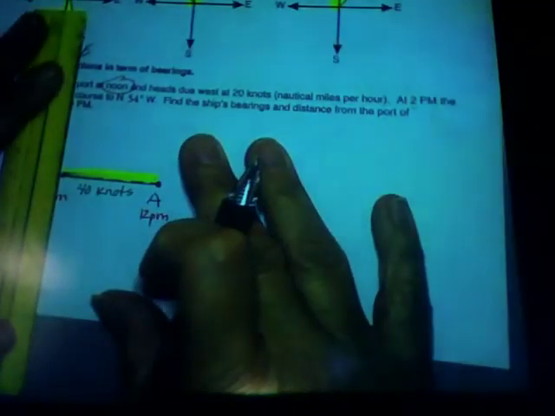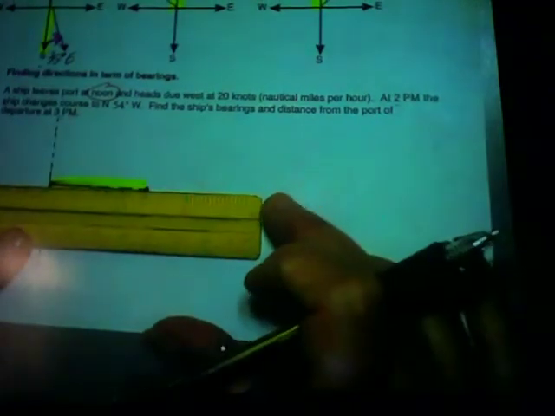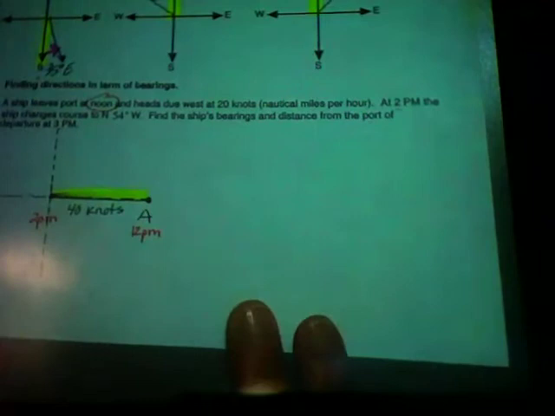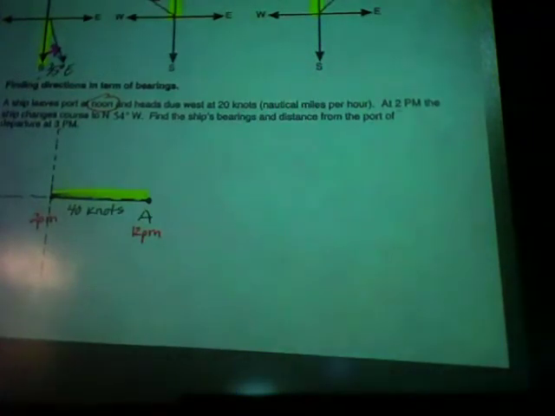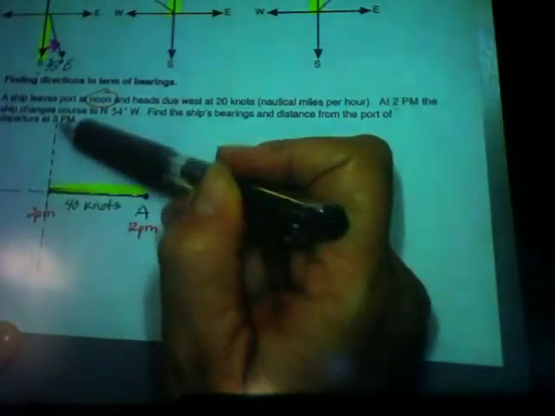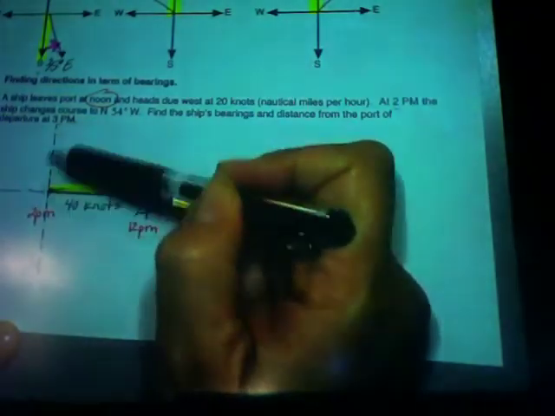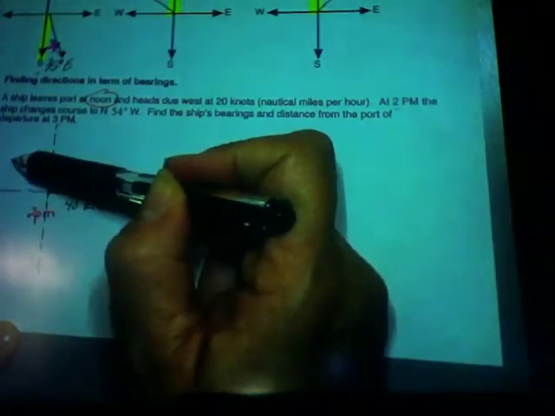Then he changed course. From this point, wouldn't you agree that this would be the north-south, and then this would be the east-west axes from that point? Wouldn't you agree? Okay. If when he changes course, he is going north 54 degrees west, this is the north axis, correct? And 54 degrees west would be over here, wouldn't it?